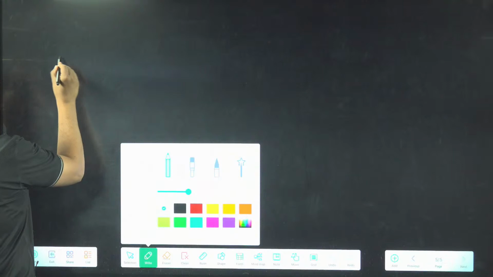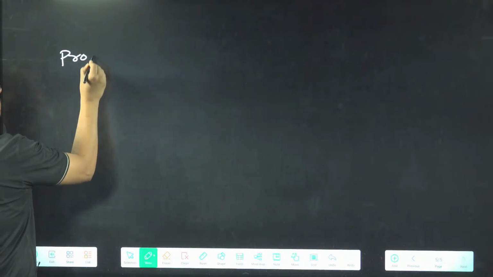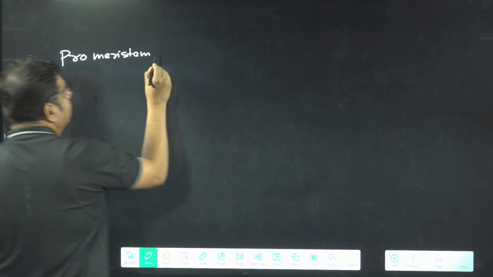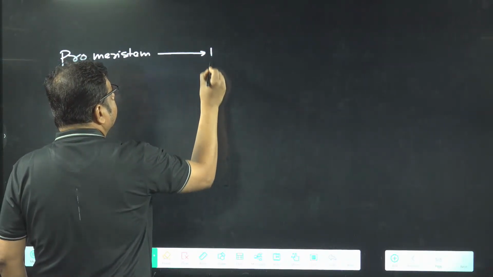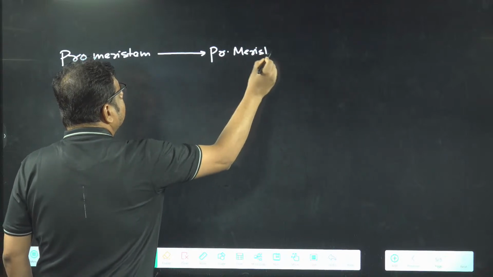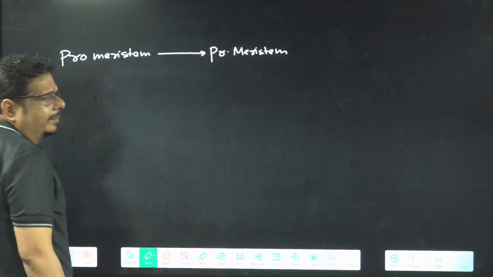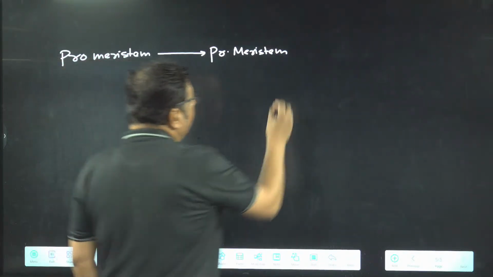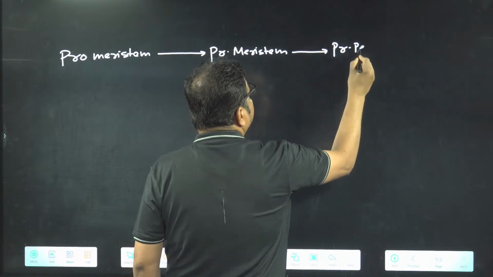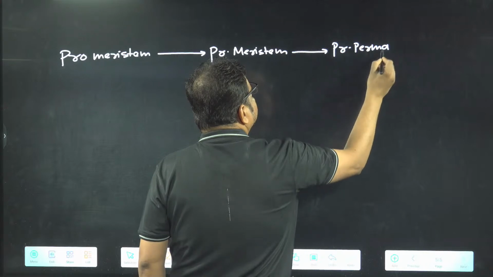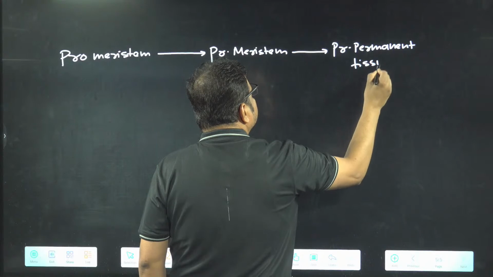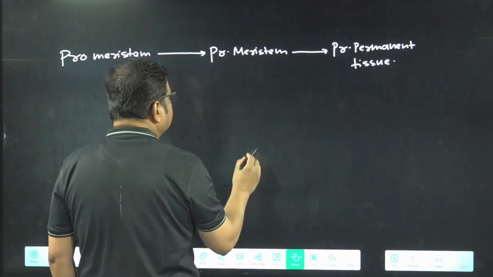So first who came? Promeristem. Promeristem gives rise to which meristem? Primary meristem. Even NCERT does not write about promeristem. It gives rise to primary meristem. Now primary meristem gives rise to primary permanent tissue. Primary permanent tissue is formed by which one?